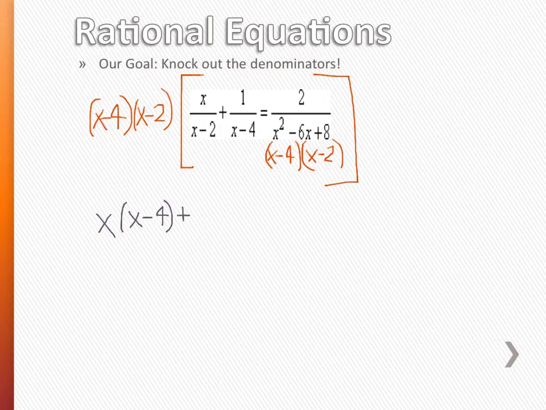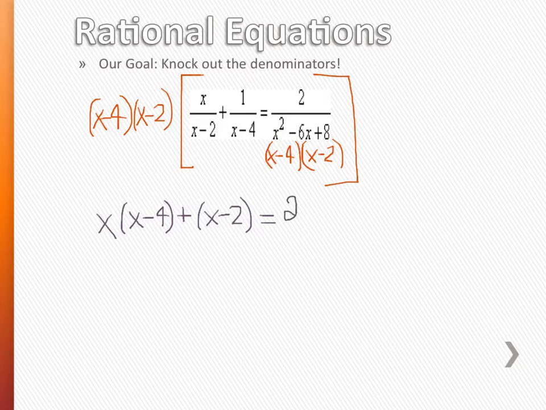Now moving on to our second fraction, 1 over x minus 4, we can see that these two would cancel out, leaving us with an x minus 2. Now on the right side of our equal sign, we have 2 over x minus 4 times x minus 2. That would cancel out with both other factors that we're multiplying by, which would leave us with just a 2.